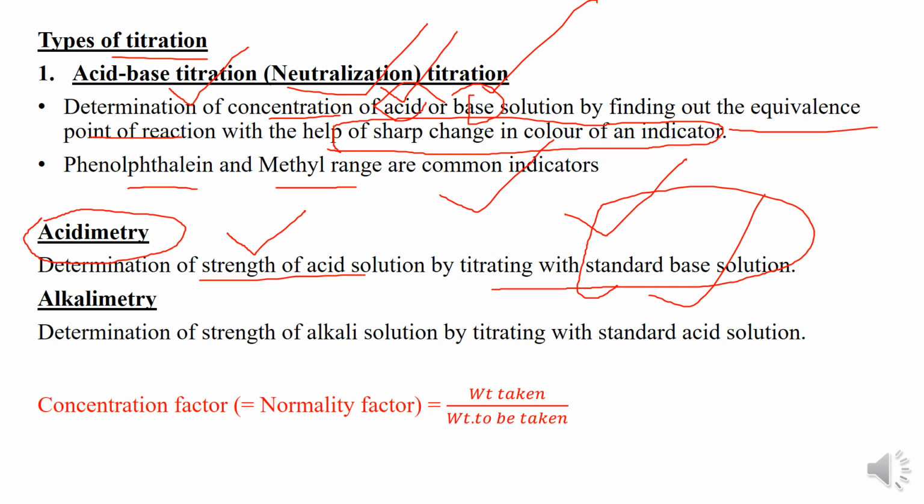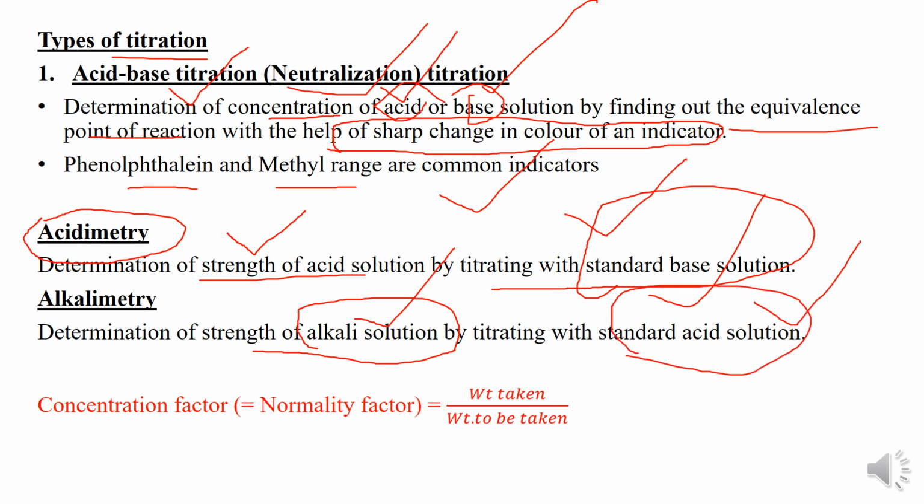In alkalimetry, we have to determine the strength of alkali solution, meaning basic solution, by titrating it with standard acid solution. In alkalimetry, acid is standard and base is unknown. We have to calculate the strength of the basic solution.